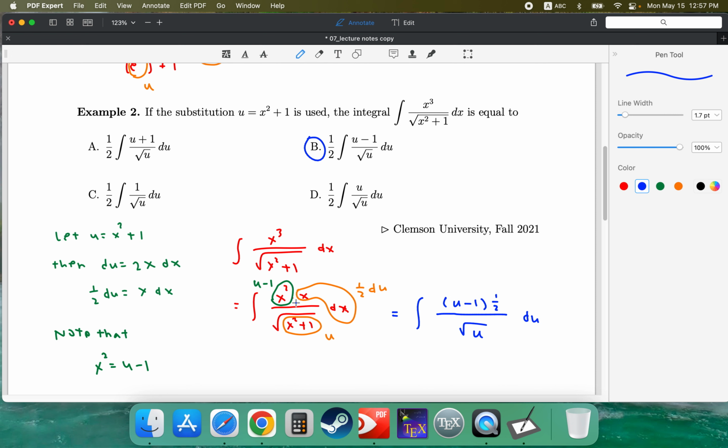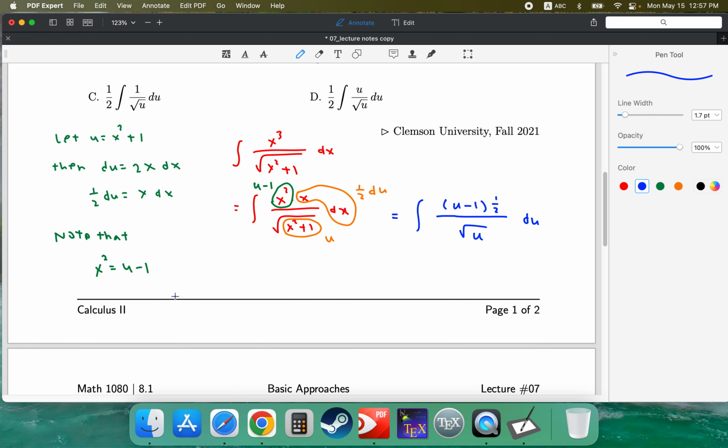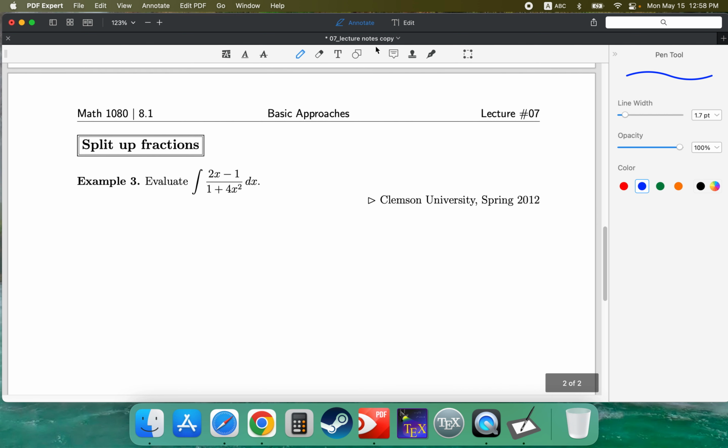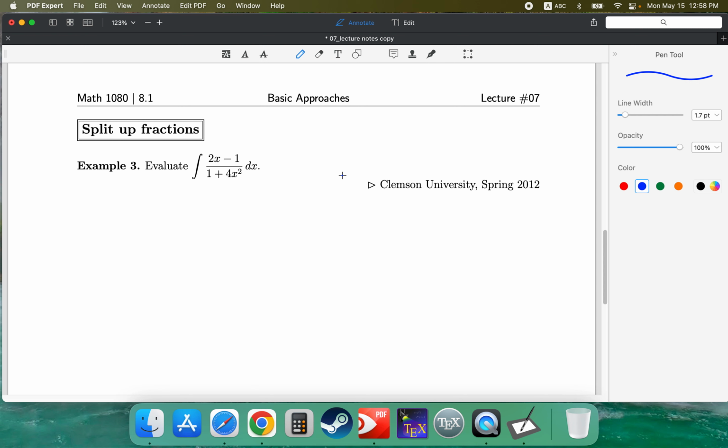Next, let's take a look at example 3. We want to evaluate this integral: 2x minus 1 over 1 plus 4x squared. Previously I mentioned that for most of the problems like this, you want to use u substitution.